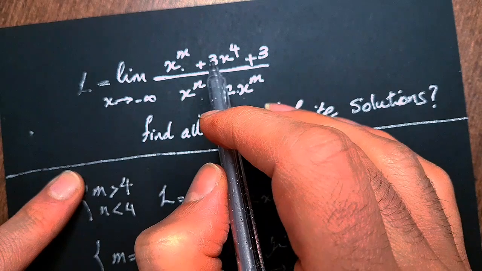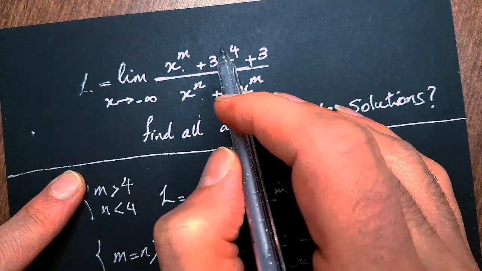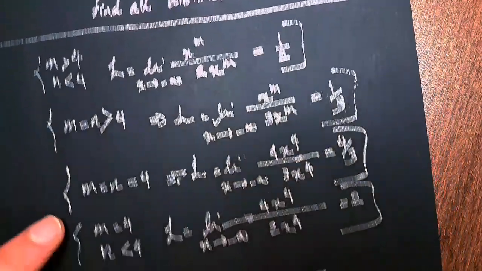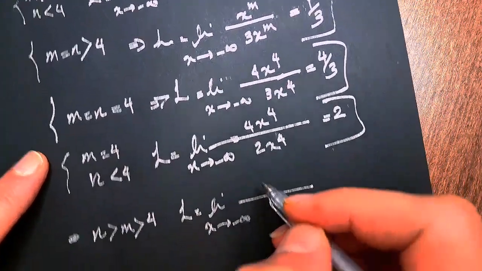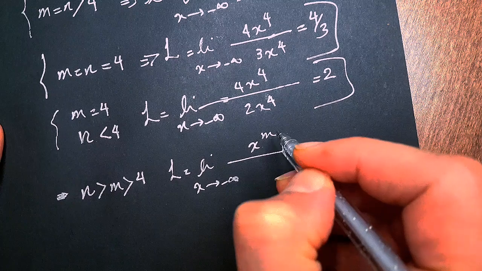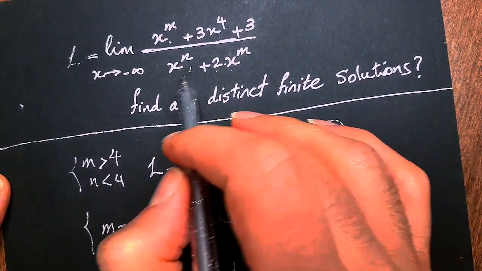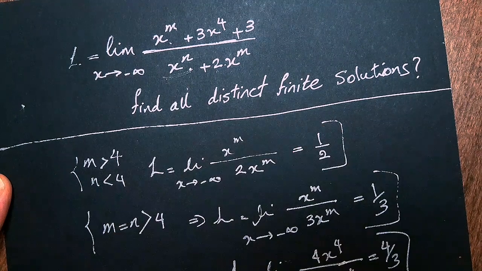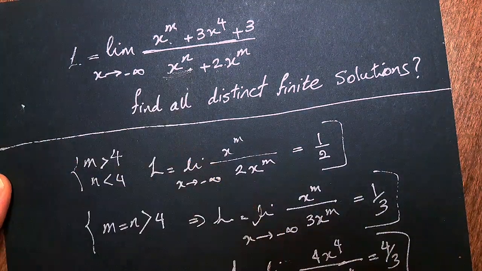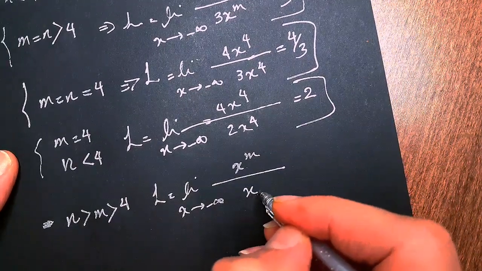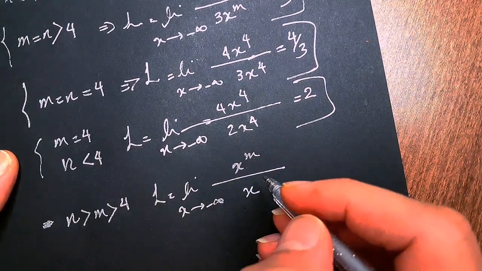On top, x to the power of m is important because it's more than 4, and this vanishes, this grows more rapidly. So we will have x to the power of m on the numerator, and on the bottom, since n is more than m, this term matters, so we'll have x to the power of n.